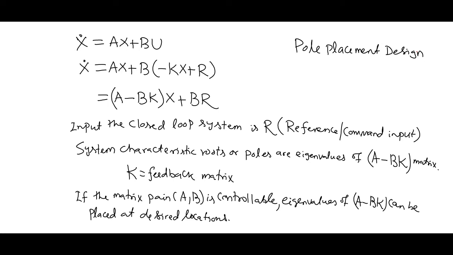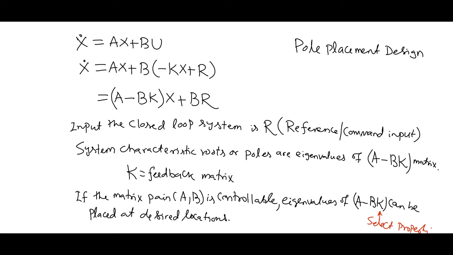That means A minus B K matrix eigenvalues can be placed at desired locations through proper control action. So, this is the pole placement by properly selecting the gain matrix K. The technique is selecting gain matrix K, so that A minus B K poles can be at desired locations, and the system can have desired dynamics.